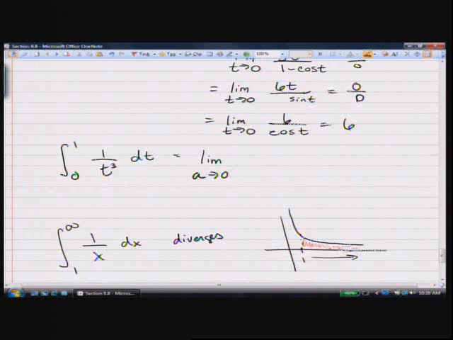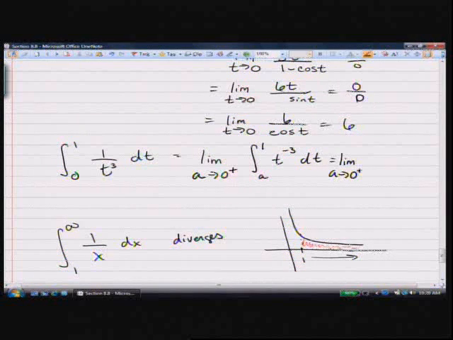As a approaches 0 from the right, of the integral from a to 1, t to the negative 3 dt. All right, so this will be the limit as a approaches 0 from the right. You add 1 to the exponent, put it over it, so it's negative 2t to the negative 2, evaluated from a to 1.